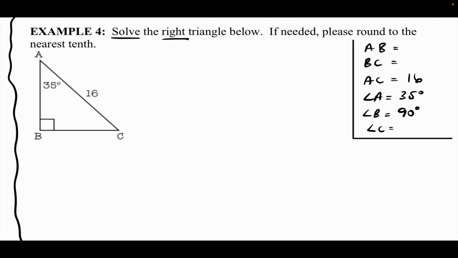So it doesn't matter which order you go in. I would do the easiest first. Which one of those missing 3 would be the easiest to do? Angle C, right? They all have to be 180. So angle C has to equal 180 minus the 2 other angles, right?